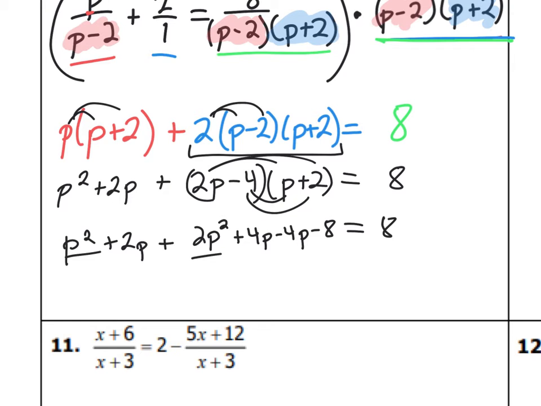P squared and 2p squared. 3p squared, 2p, 4p, negative 4p, just 2p. We've got a negative 8, but I also have a positive 8 on the right that I'm going to subtract over. So negative 8 minus 8 would be negative 16 equals 0. Questions so far?